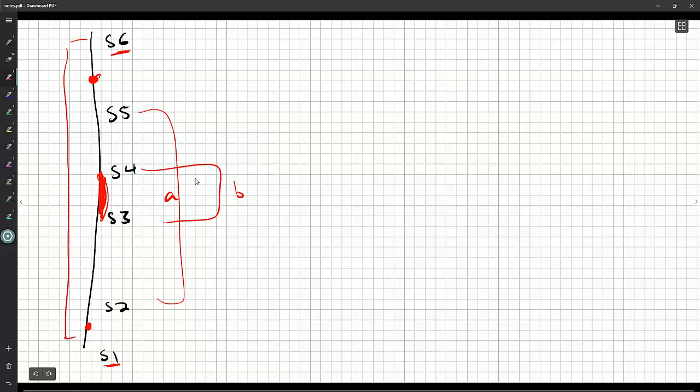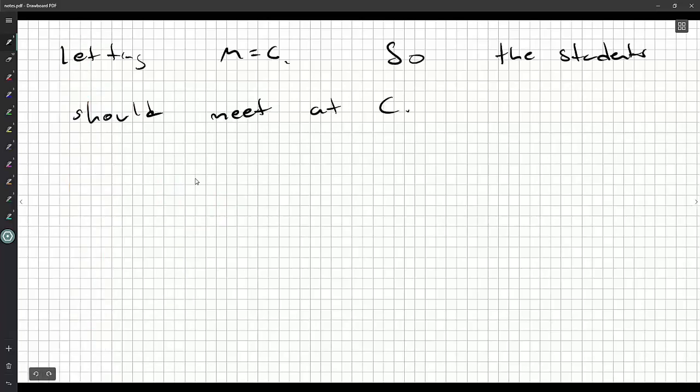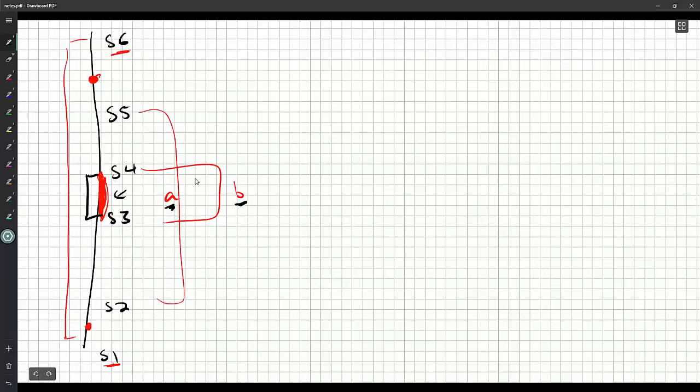Because anywhere in between here should make the distance S4 and S3 walk add up to B, and S5 and S2 add up to A. It doesn't matter how far apart they are, it just sort of matters who the innermost people are. And in the last one, Carla was the innermost person.